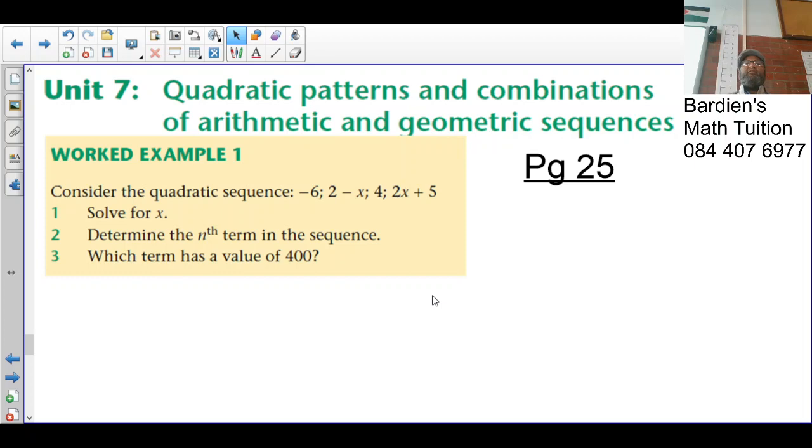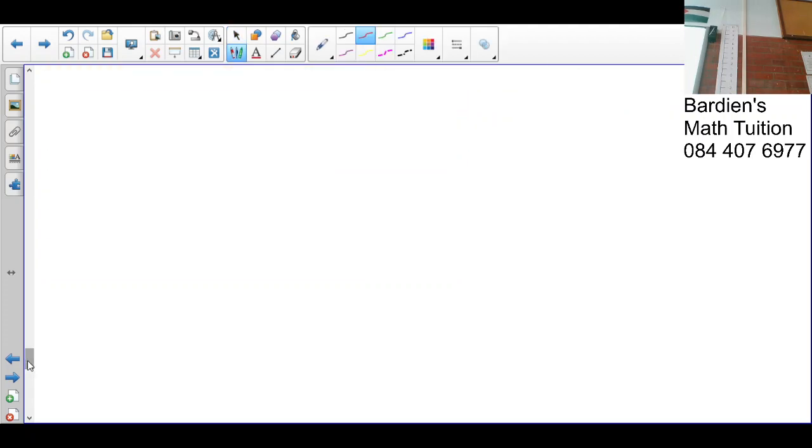So, if you're looking at the quadratic pattern, what is exclusive to a quadratic pattern? That only a quadratic has. It has a second common difference. Not so? So let's just take you one step back and let's just look at the quadratic pattern quickly. We just generate a pattern quickly, and I'm going to remind you how the quadratic patterns work.